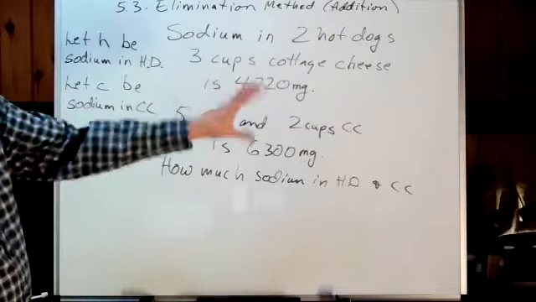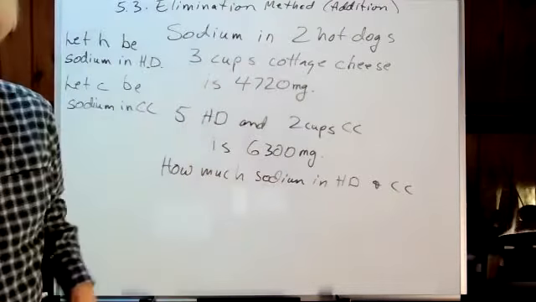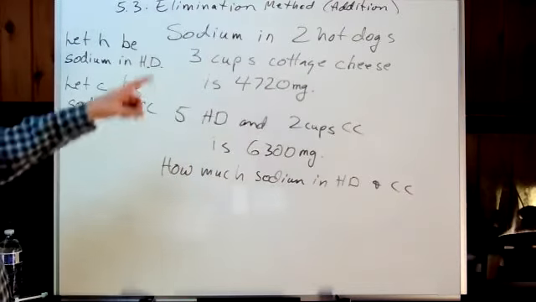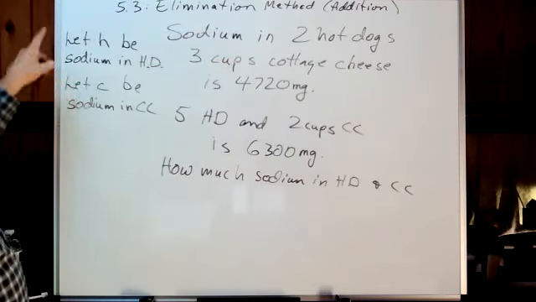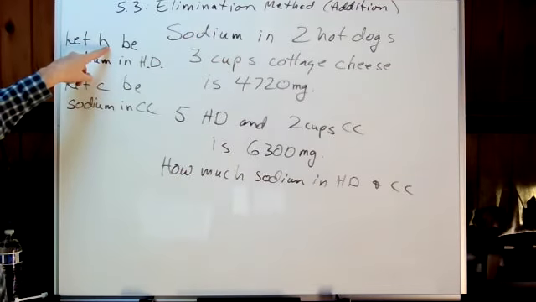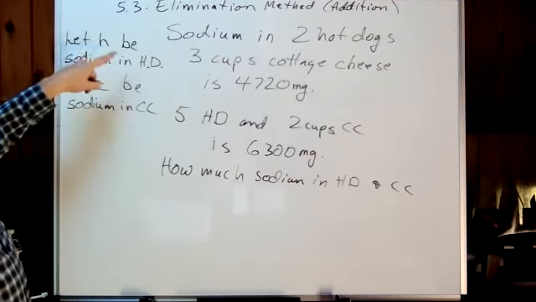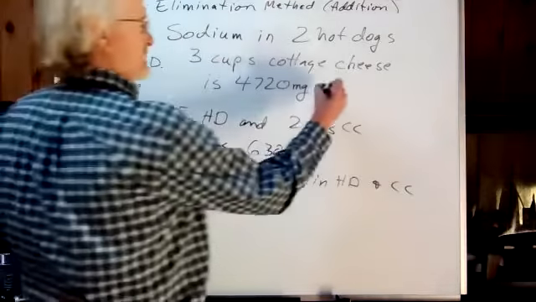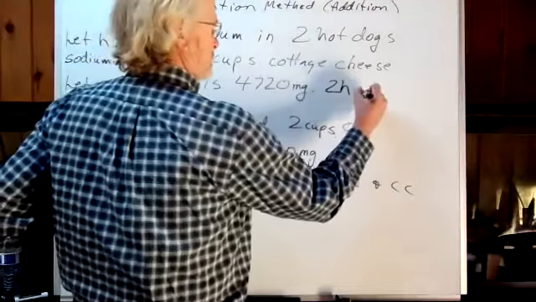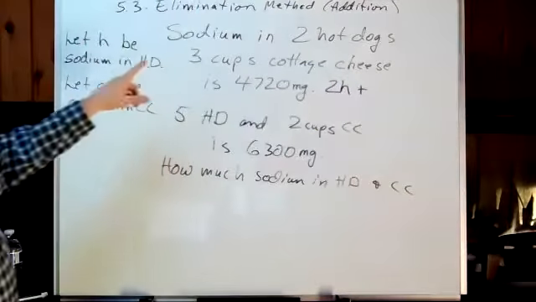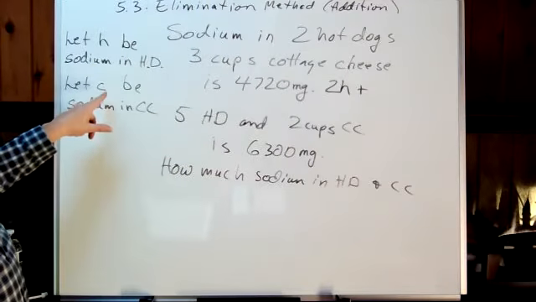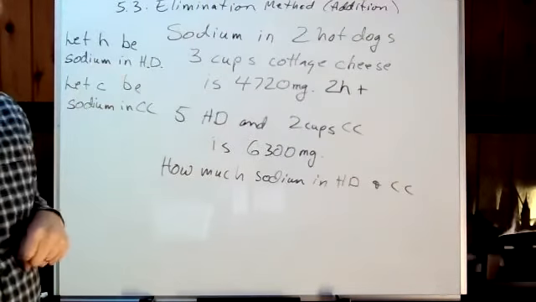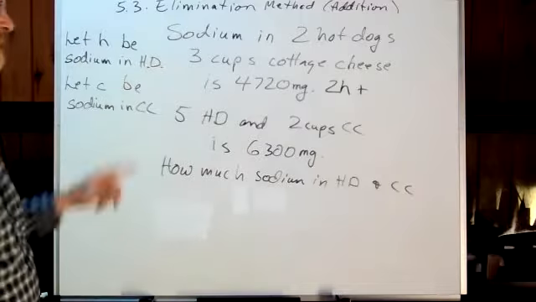I'm going to squeeze them in first and then erase the words so I can work the problem. So I have 2 hot dogs, so the amount of sodium is 2 times the H value. Whatever sodium's in one hot dog, it's going to be 2 of those. So I got 2H plus 3 cups of cottage cheese. I'm letting C stand for the amount of sodium in a cup of cottage cheese. So I've got 3 of those.